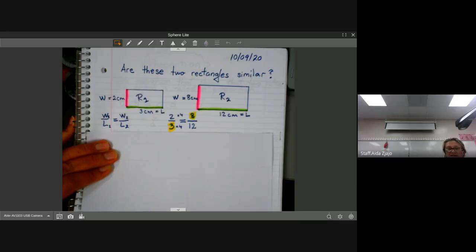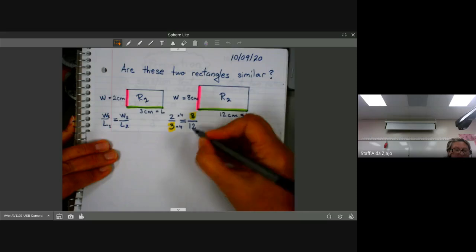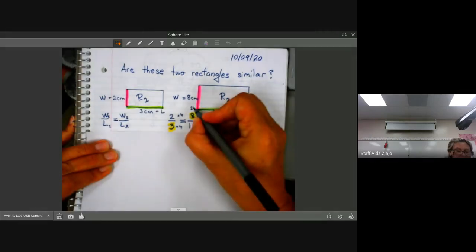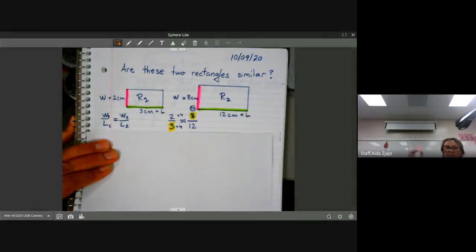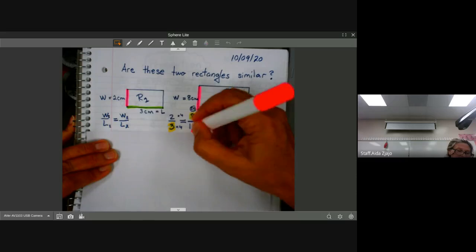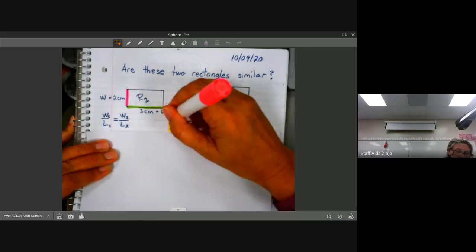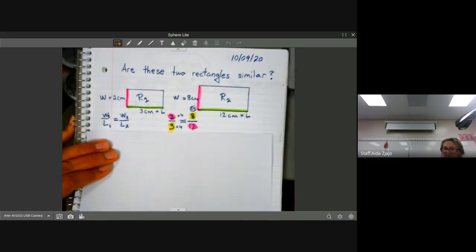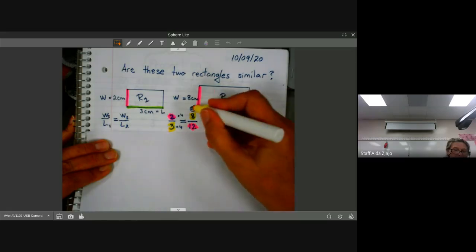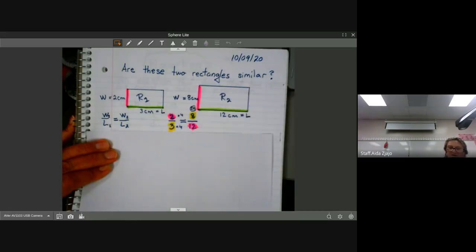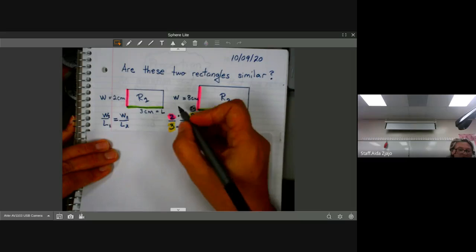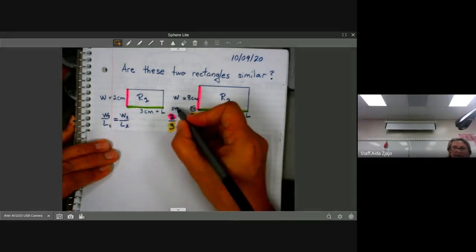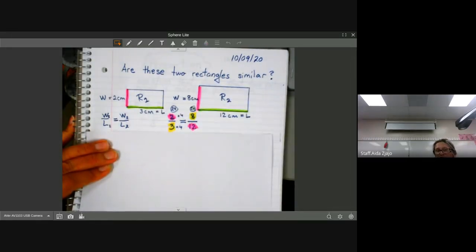Somebody tell me, what is 3 times 8? 24. Bravo. So I get 24, correct? And then I go the opposite way. Now I do 2 times 12. What is 2 times 12? 24. So you see, if I use cross multiplication, I can prove my answer.